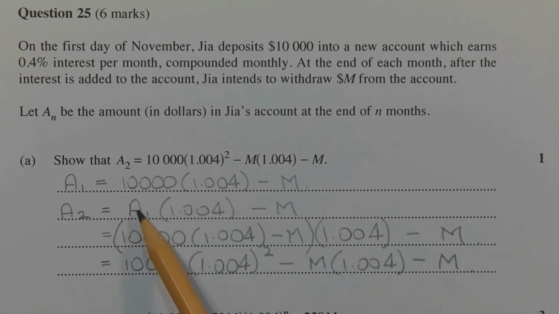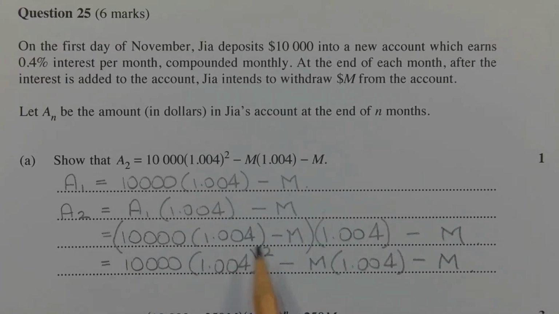But A1 is this expression here, so I'm going to substitute this here for A1. So A2 is equal to (10,000 times 1.004 minus M) in brackets, times that by 1.004, which is this 1.004 here, and then take away M, which is this particular M here.